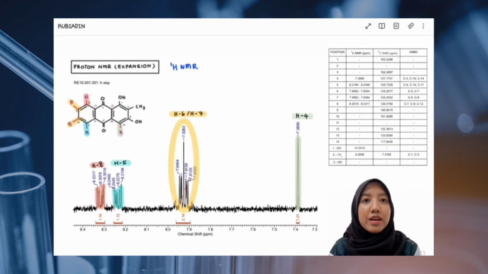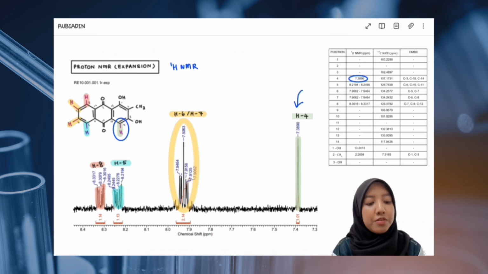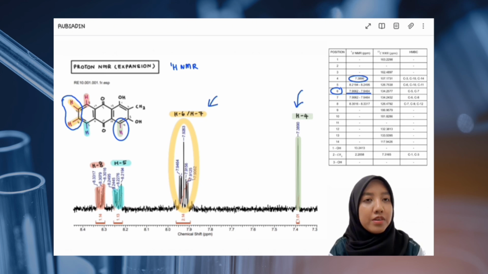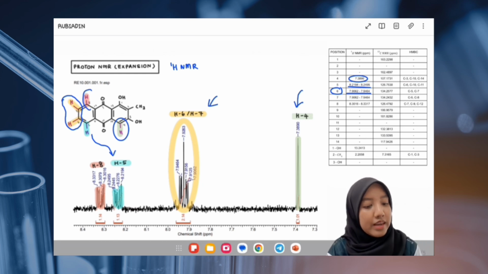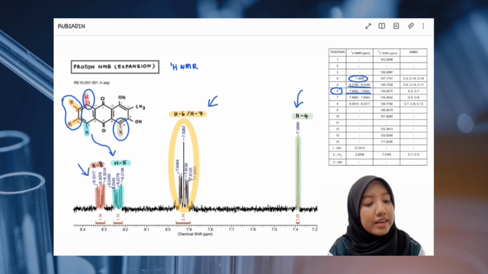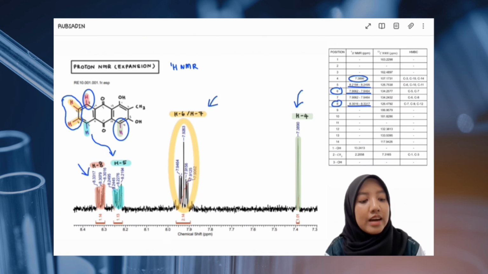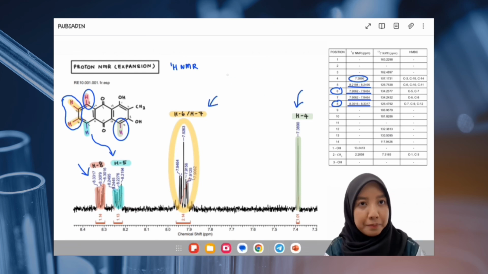Next, the peak values for 1H NMR. The first one is H4 at the value of 7.3890, and for H6 and H7, we get the range between 7.9062 until 7.9464, and then for H5, we get the range of 8.2194 until 8.2495, and then for H8, we get 8.3016 until 8.3310 ppm.